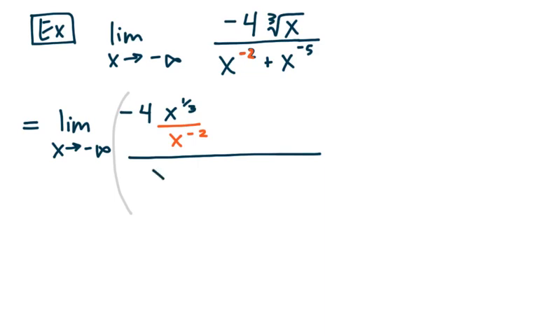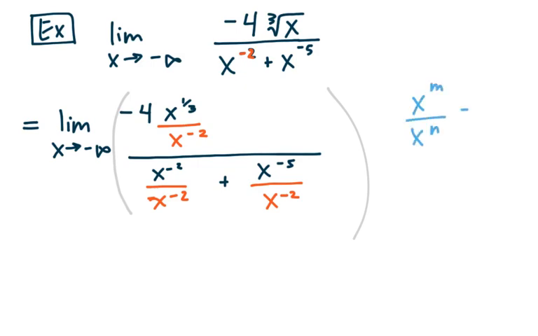I have x to the -2 divided by x to the -2 plus x to the -5 divided by x to the -2. So we need to simplify all of this. Remember, when we are simplifying rational expressions, a quotient of powers, x to the m over x to the n, is the same as x to the m minus n. So that's our property there.